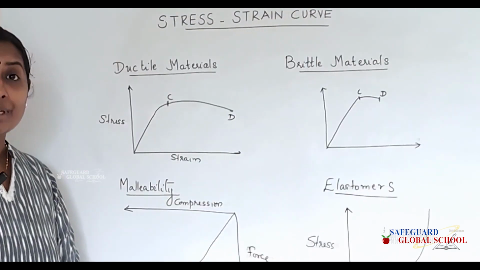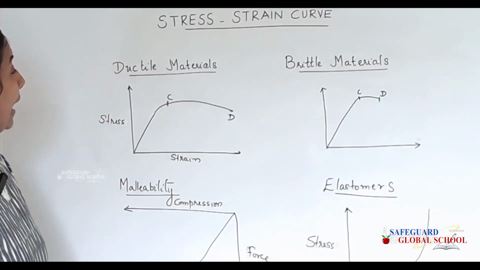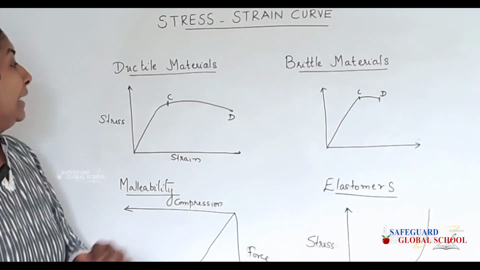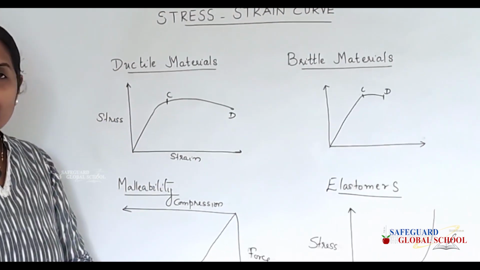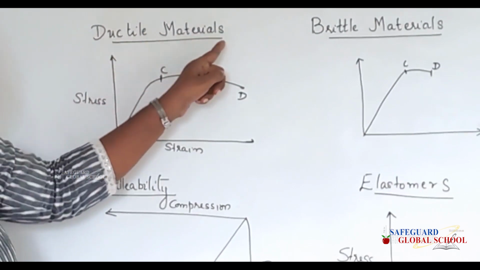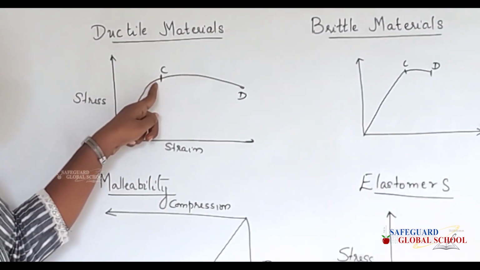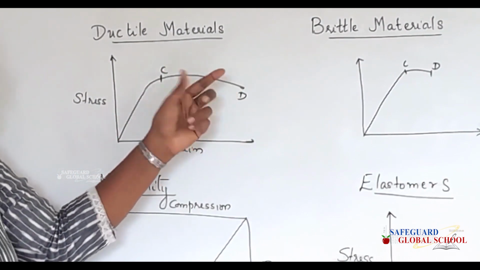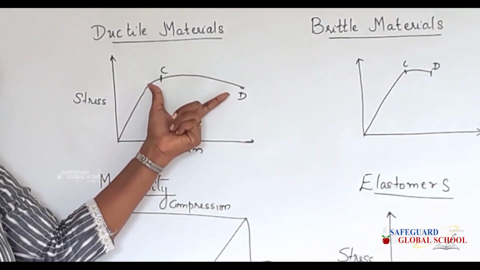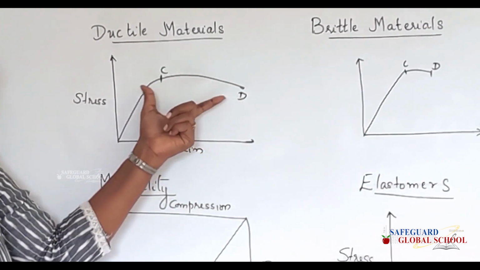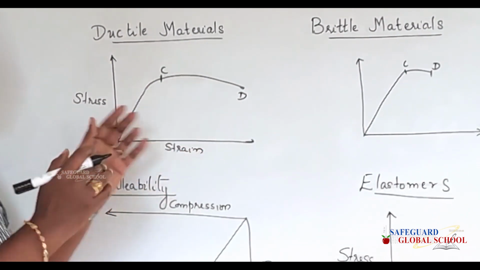Depending upon the stress-strain graph, let us analyze different types of materials. The first category is ductile material, where we can move from the elastic limit region to the fracture point. Look at this. In this ductile material, from C to D, this region is very large.